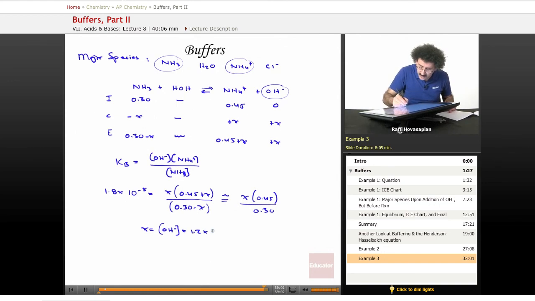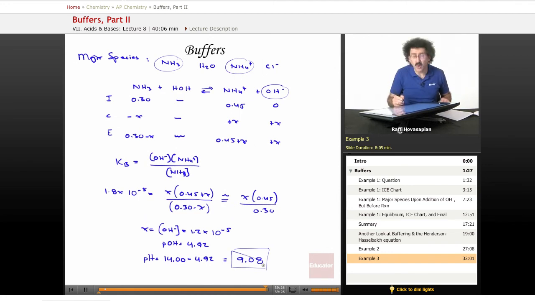It equals 1.2 times 10 to the negative 5, which gives me a pOH of 4.92, which gives me a pH equal to 14.00 minus 4.92, and we get a pH of 9.08, which matches the pH that we got doing the Henderson-Hasselbalch equation. For that one, we got 9.07, but again, 9.07, 9.08, you ended up in the same place.